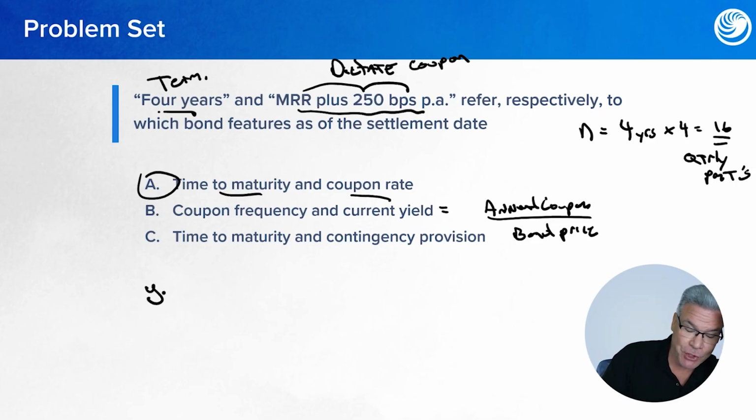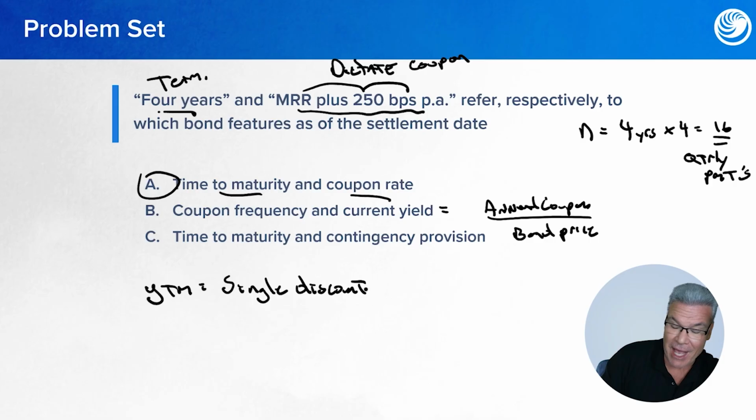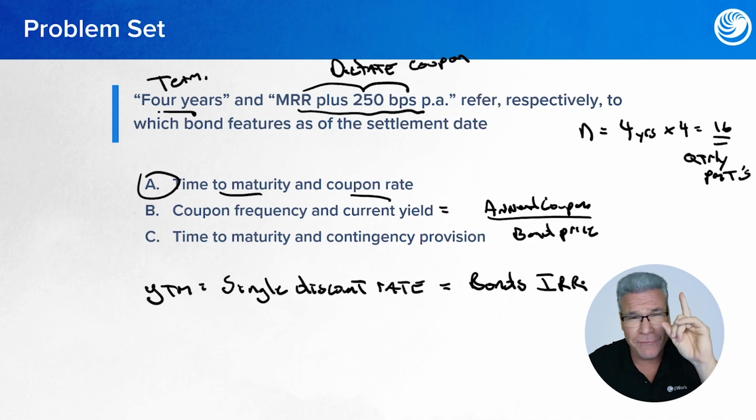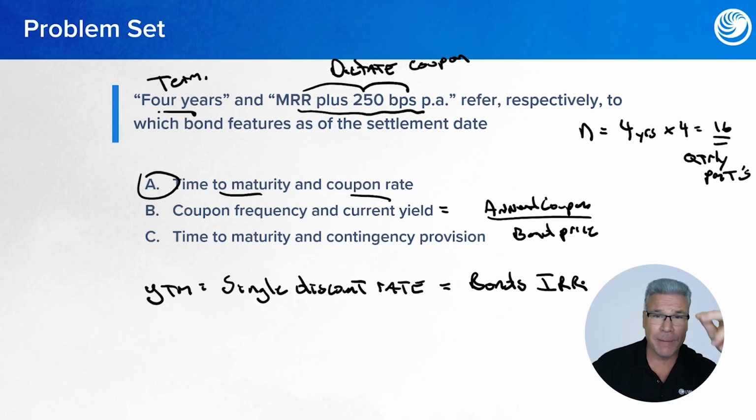Don't forget, folks, your yield to maturity is that single discount rate that sets the sum of the present value of the future cash flows, the coupons and principal, equal to the actual price of the bond today. So the yield to maturity is the bond's internal rate of return, which aggressively assumes every coupon could be reinvested at that initial yield, okay? So just some basics there.